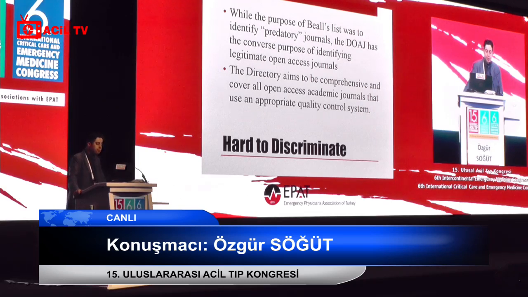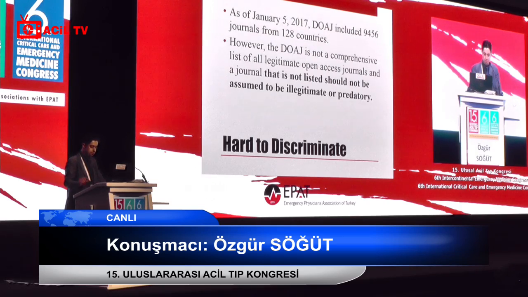While the purpose of Beall's list was to identify predatory journals, the Directory of Open Access Journals has the converse purpose of identifying legitimate open access journals. The directory aims to be comprehensive and cover all open access academic journals that use an appropriate quality control system.